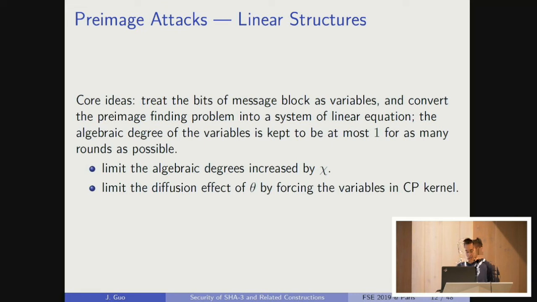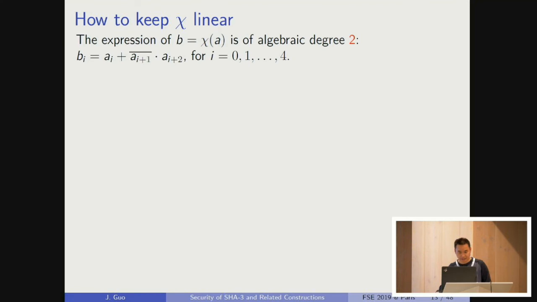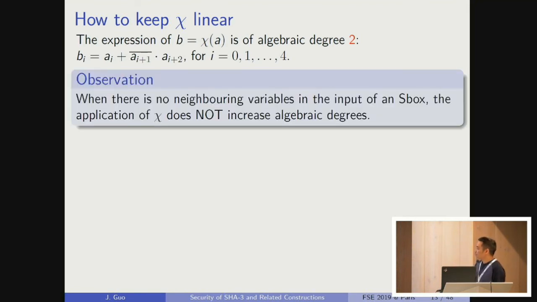So to keep chi linear, if we look at the expression of chi, the algebraic degree is 2, and the observation is that when there are no neighboring variables in the inputs of an S-box, the application of chi does not increase the algebraic degree, meaning that when we choose the variables, we choose variables not neighboring each other among all the 5 bits of the S-box.